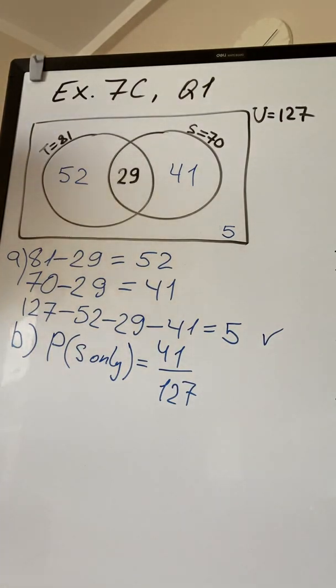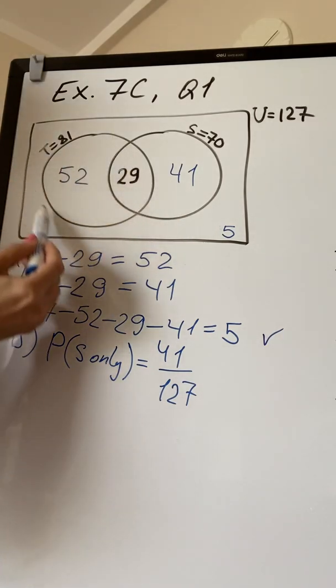Okay, what about question C? In a population of 10,000 consumers, predict how many would have only a tablet computer. So let's first look at the probability of choosing one consumer and finding out the probability that it's a tablet computer user only. So tablet only, where's the only bit here?